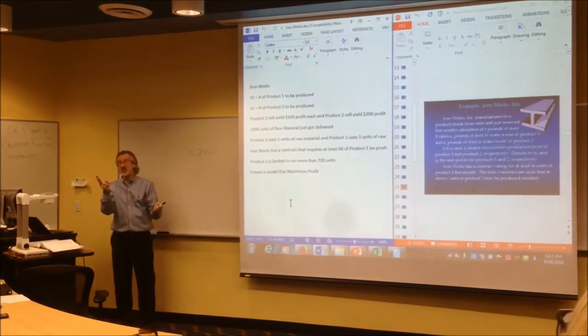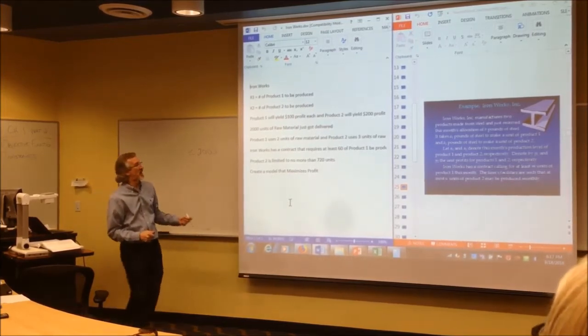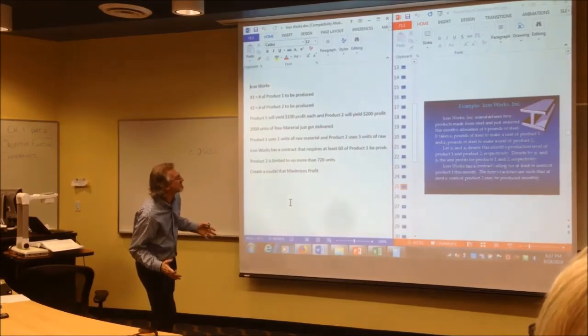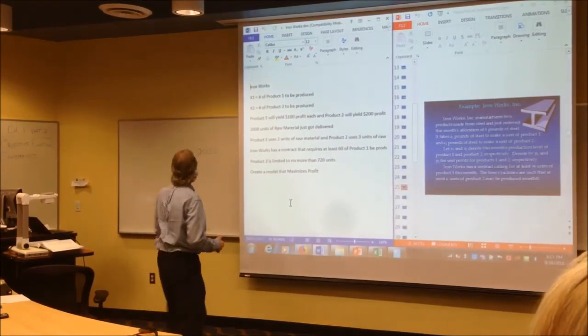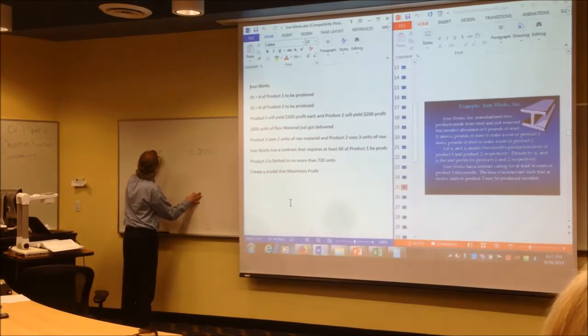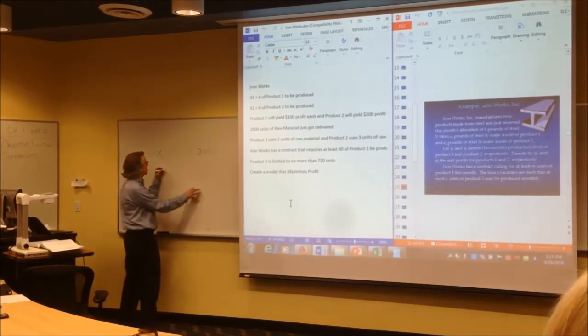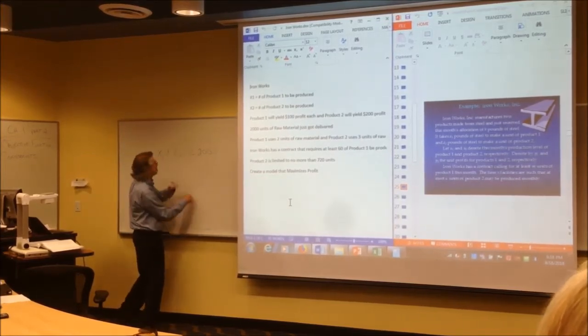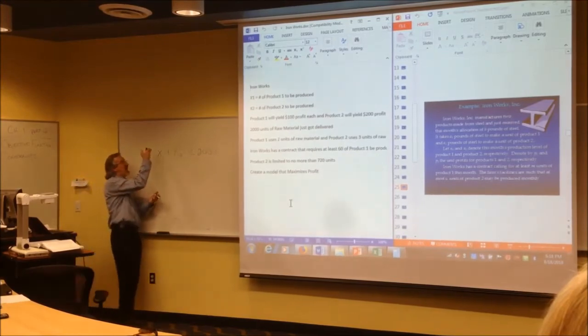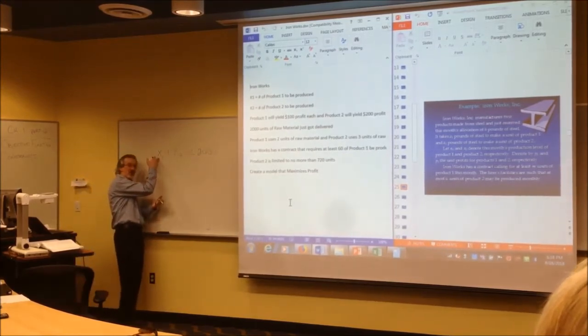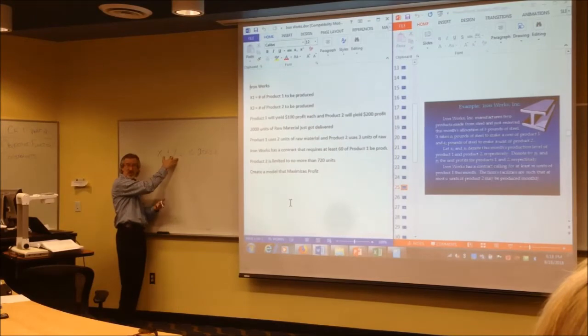There's only 2,000 pounds of steel showed up. We can't use any more than 2,000 pounds of steel. It said that we are making 2 products, and we're calling the 2 products X1 and X2. So here's how many of the first product we're making, plus here's how many of the second product we're making. But this is how many of product 1 that we're using steel on. This is how many of product 2.